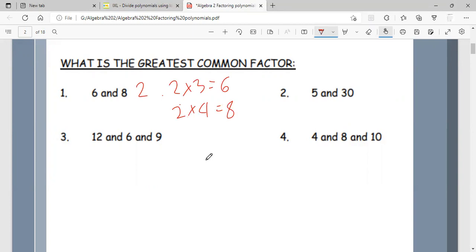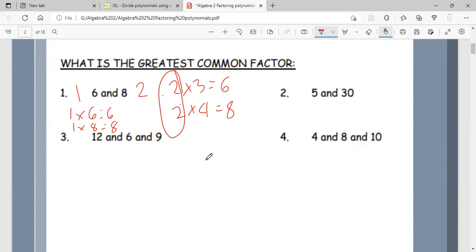But they also have a factor of 1 as well. But 1 is just too small because 1 times 6 gives you 6, and 1 times 8 gives you 8, and you're looking for the biggest factor both 6 and 8 have.